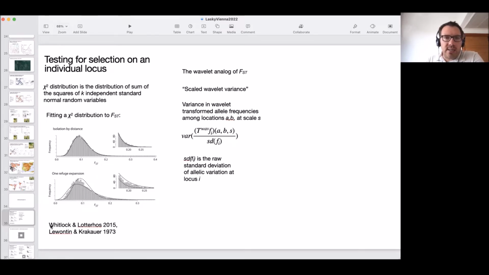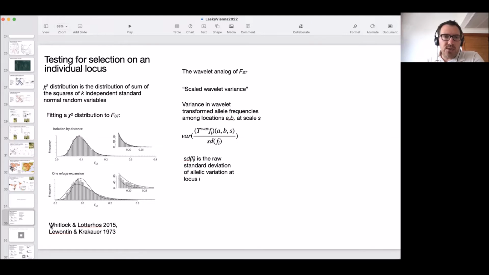What Whitlock and Lotterhos did was show that you could use the observed distribution of FST values with some trimming at the tails to actually fit the degrees of freedom to the chi-square distribution, because in the case of a heterogeneous metapopulation network, the number of degrees of freedom of that distribution is not immediately obvious.